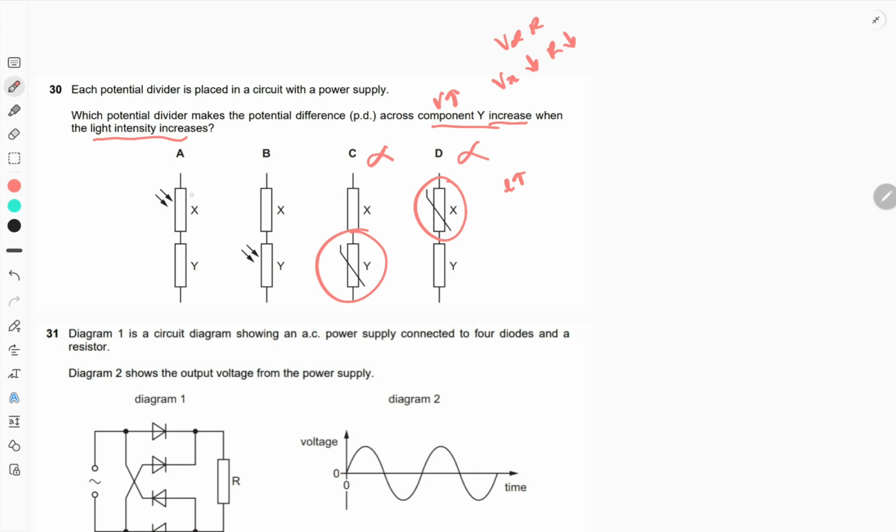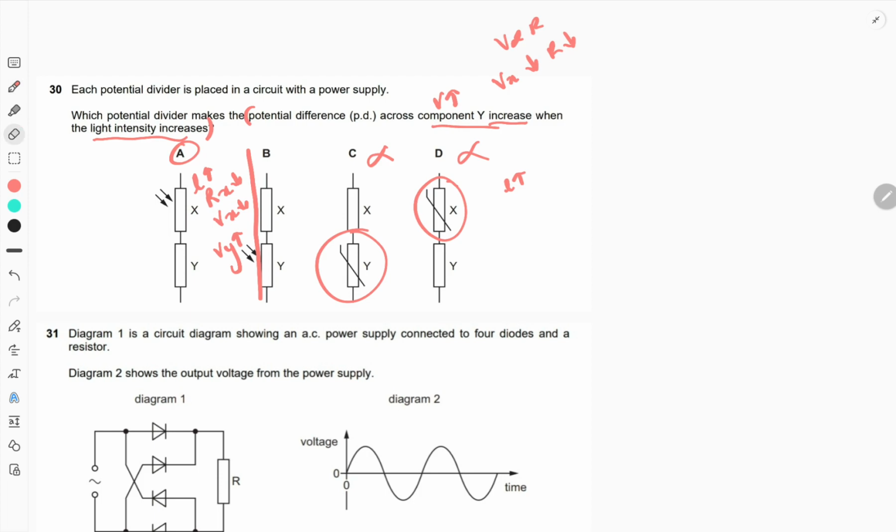So if I read the question, I know light is increasing. So if I look at A, as light increases, my X is an LDR, which means resistance of X will decrease, which means voltage of X will reduce, thus voltage of Y will be higher. So this, I believe, matches with this statement. So A looks good.